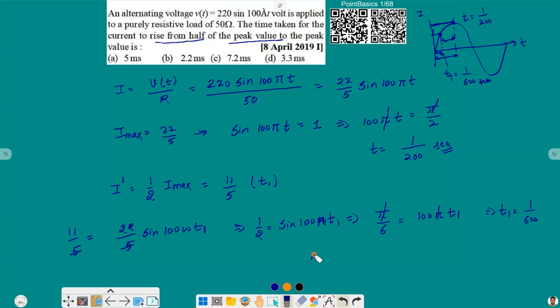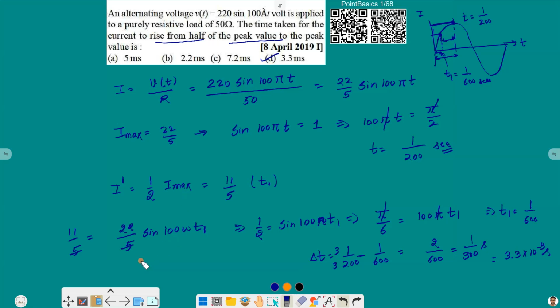So required time will be 1 by 200 minus 1 by 600, that we can write as 3 by 600, multiply by 3, divide by 3. So that will be 2 by 600 or 1 by 300 second. And we can write it further as 3.3 into 10 raised to the power minus 3 second or 3.3 millisecond. So option D will be the right answer.